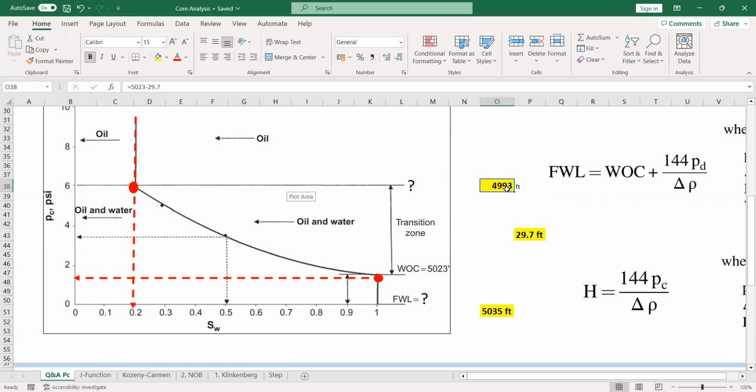Between 4,993 and 5,023, if you set your perforation between these two depths, oil will simultaneously flow with water. But if you place the perforation above 4,993, only oil will flow because water will exist at its connate water saturation.